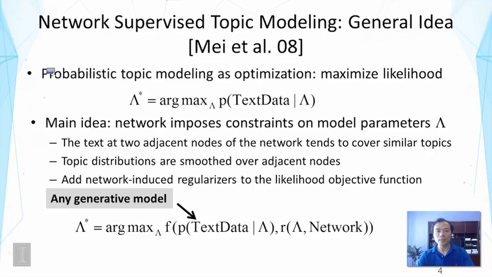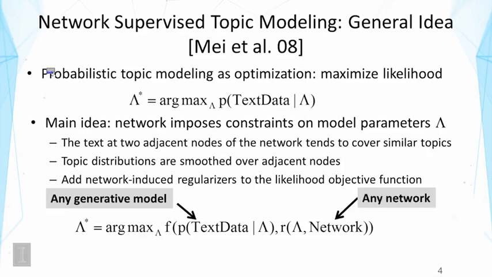So the advantage of this idea is that it's quite general. Here, the topic model can be any generative model for text. Right? It doesn't have to be PLSA or LDA or the current topic models. And similarly, the network can also be any network, any graph that connects these text objects. This regularizer can also be any regularizer.